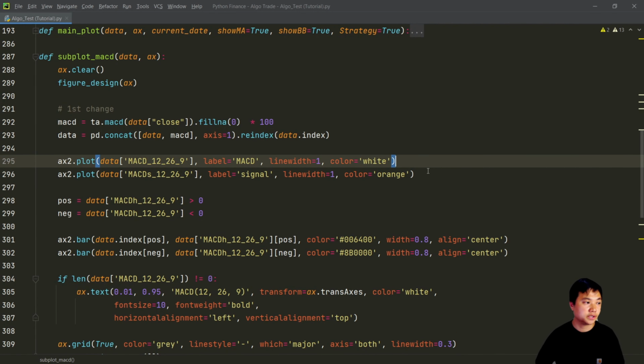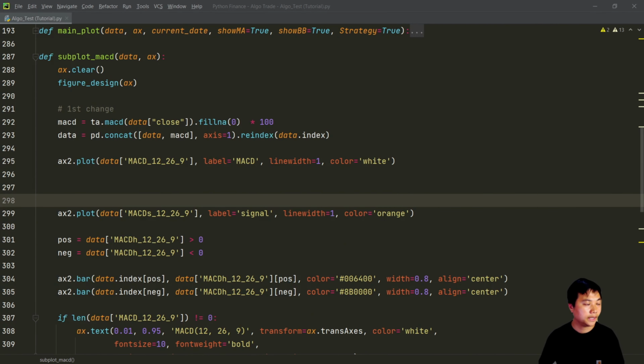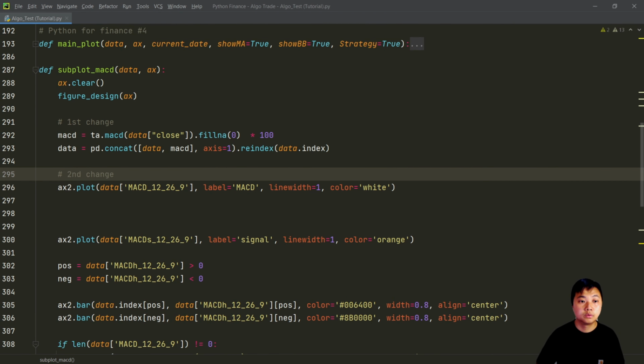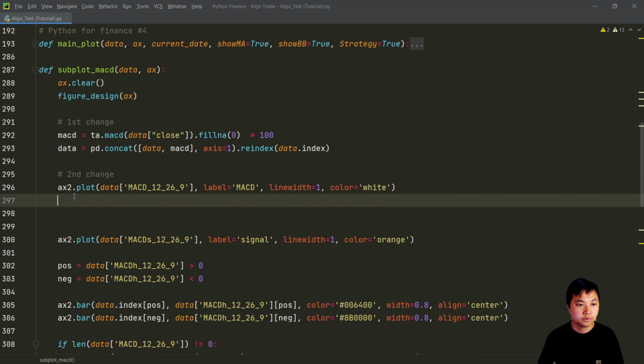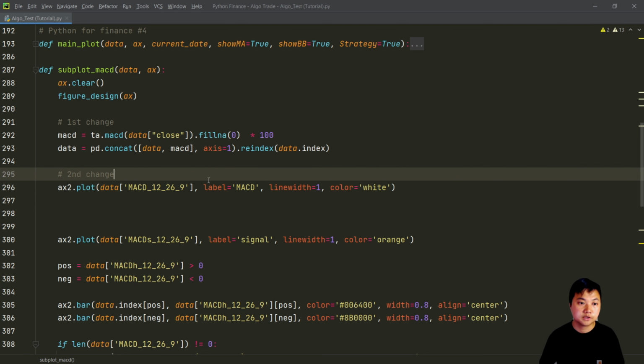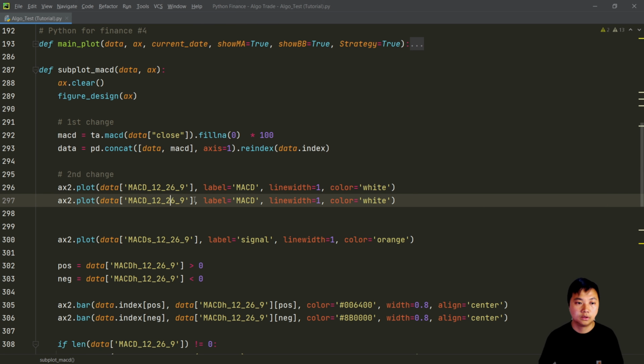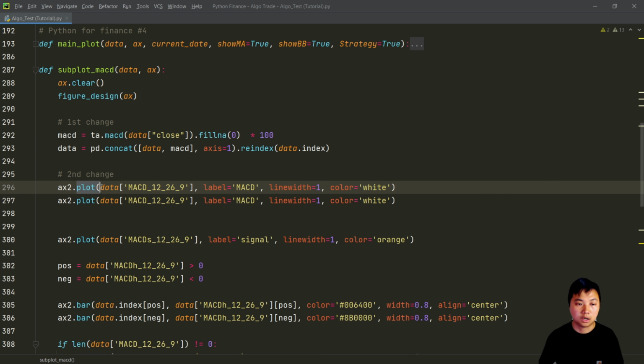The second change is that I would like to make this 0 line transparent, even if I'm plotting that. In that case, I will need to create one more plot. Even though they are using the same set of data, it will separate them by where the values equal 0.